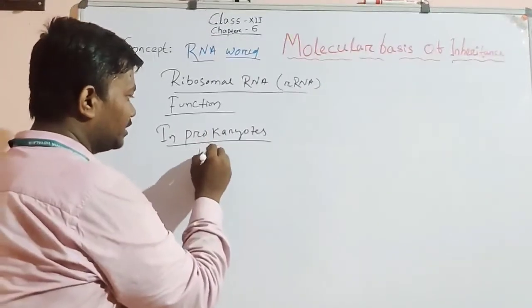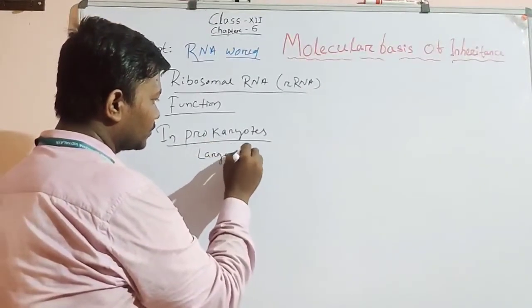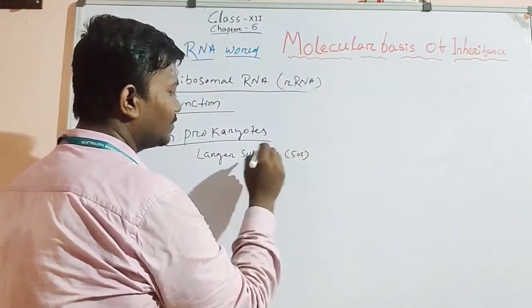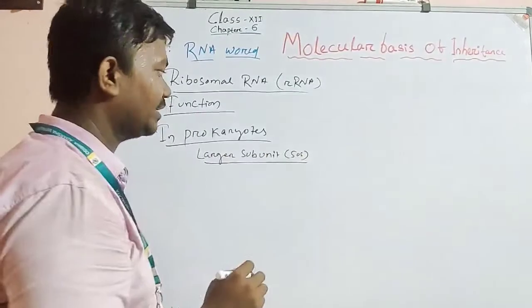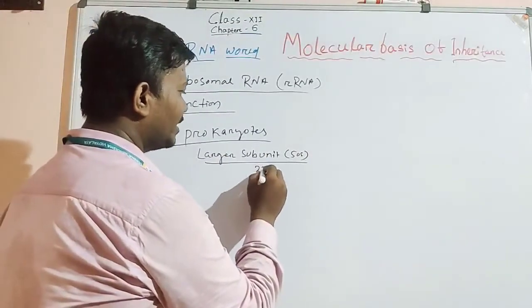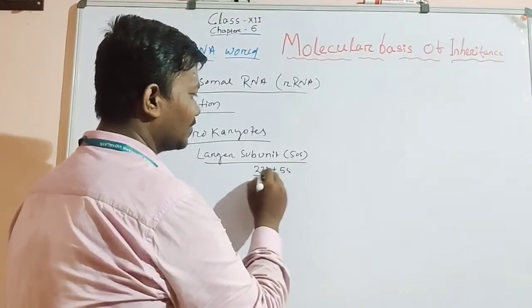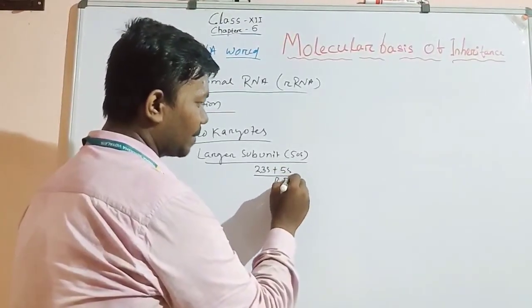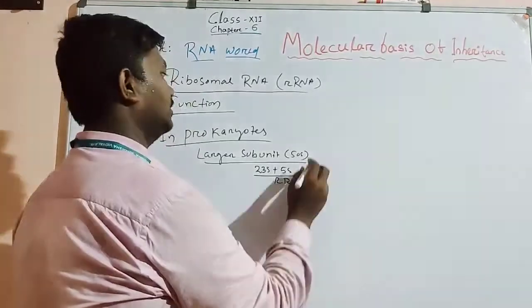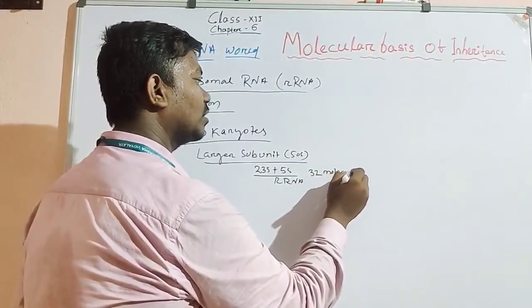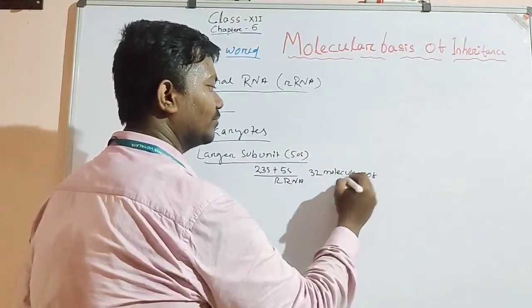The larger subunit, which is 50S type, is made by 23S plus 5S type of rRNA with 32 molecules of protein.